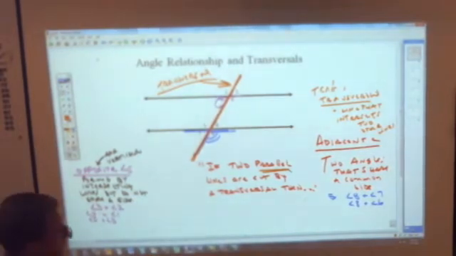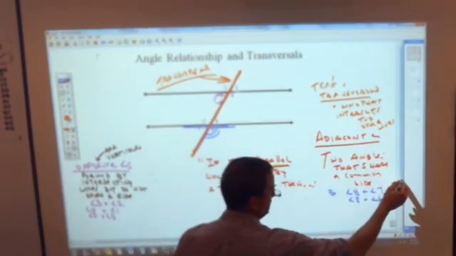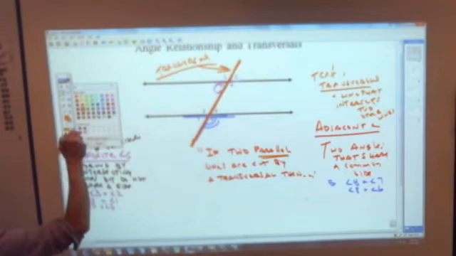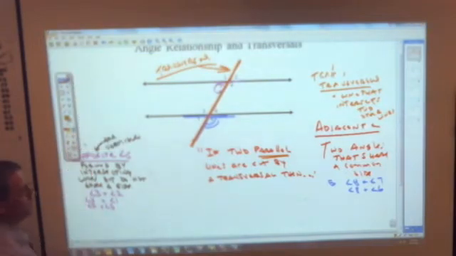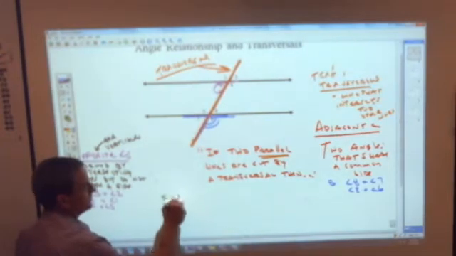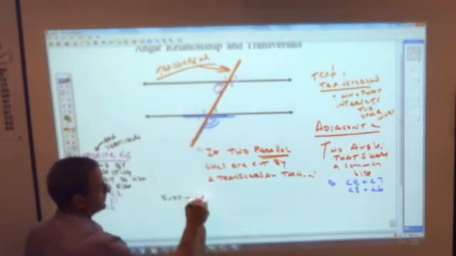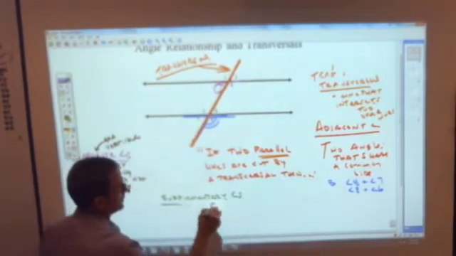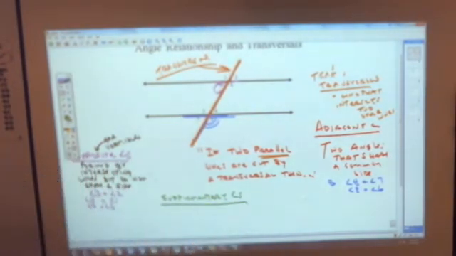Oh, I missed one other definition here. Supplementary angles. Anybody know what supplementary angles are?